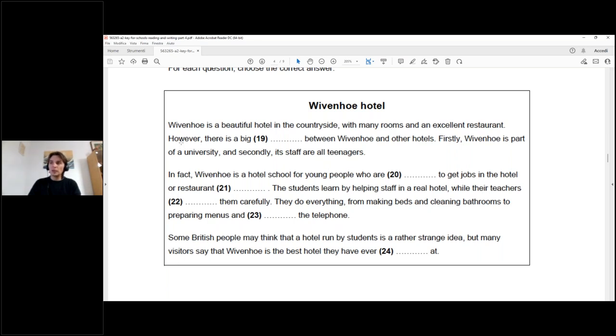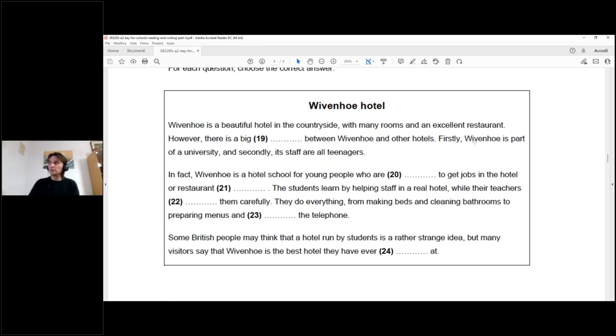However, comunque, ad ogni modo, there is a big, maybe difference. What do you think? There is a big difference between Vivenau and other hotels. C'è una grande differenza tra Vivenau e altri alberghi. So, difference potrebbe essere una parola. However, there is a big difference between Vivenau and other hotels.